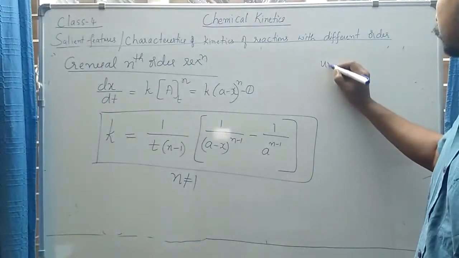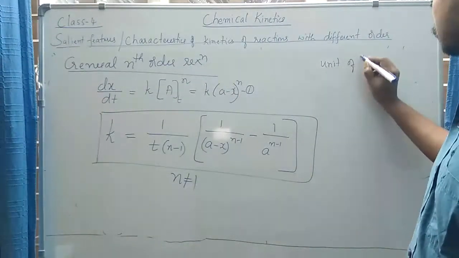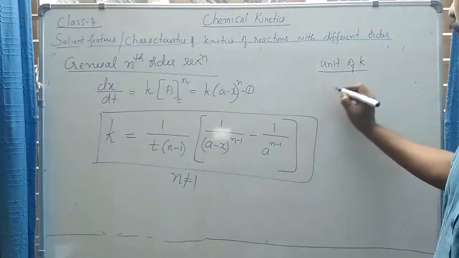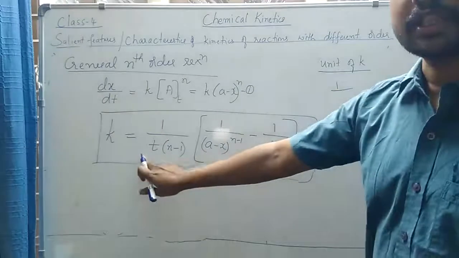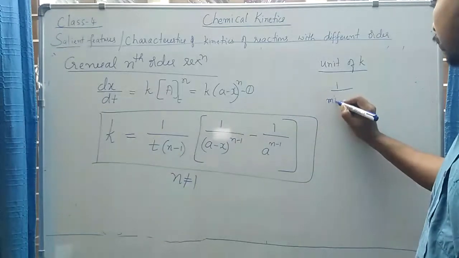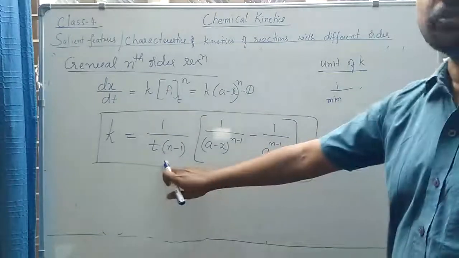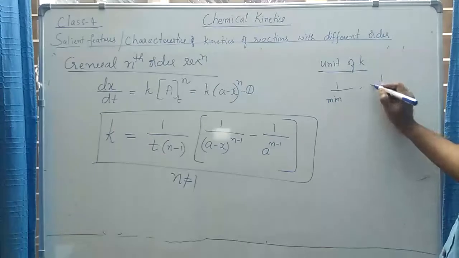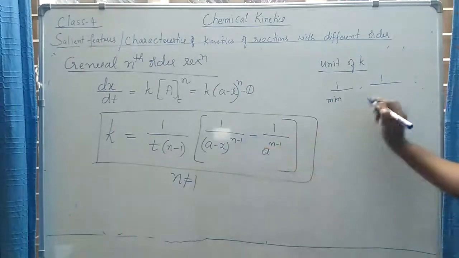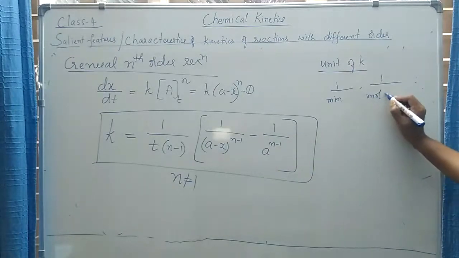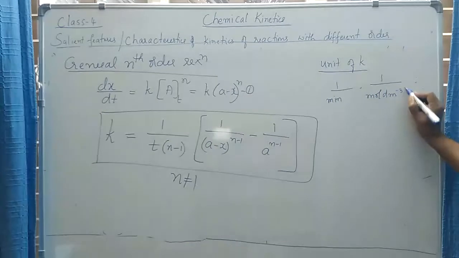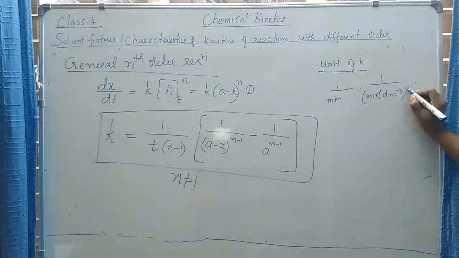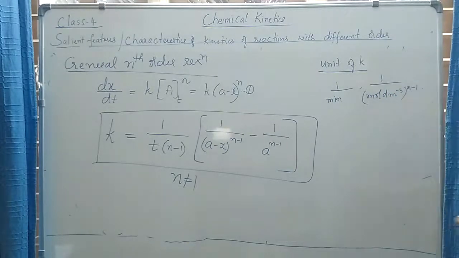So the unit of k will be 1 by time unit, that is 1 by minute, into, this is unitless, let me concentrate only on the first term, 1 by concentration, that is mole per dm cube to the power n minus 1.